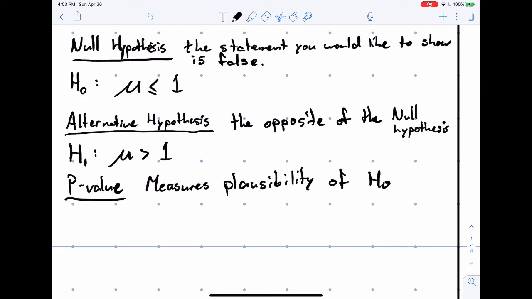So once you have the null hypothesis and the alternative, you can compute a p-value. This is a single numeric measure. It's between 0 and 1. And it measures the plausibility of H naught.